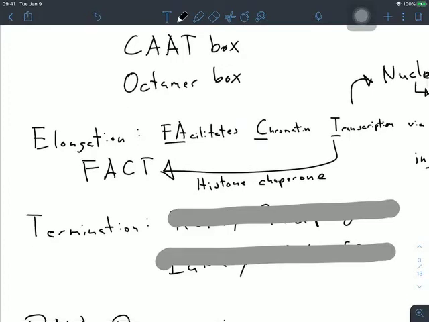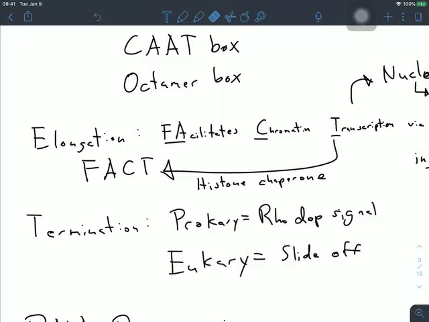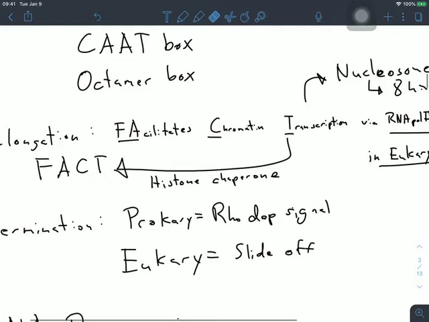Now, this process will continue on up until you get some sort of termination signal. Now, the termination signal, whether you are a prokaryote or a eukaryote, is actually quite different. In prokaryotes, we have what is called a rho-dependent signal. So there are some other intracellular communicators that actually tell transcription to end. In eukaryotes, conceptually, it's a bit simpler.